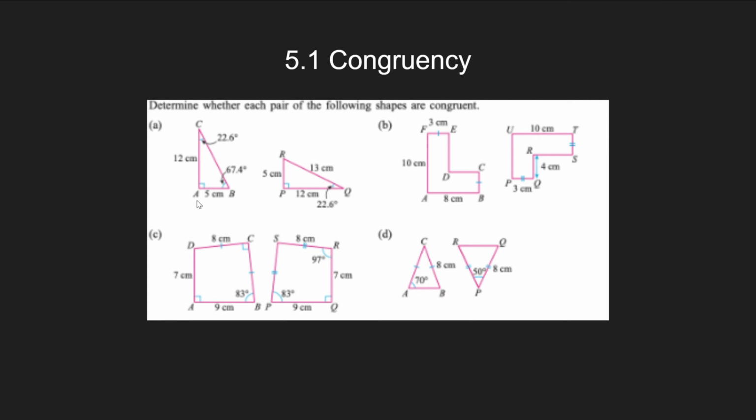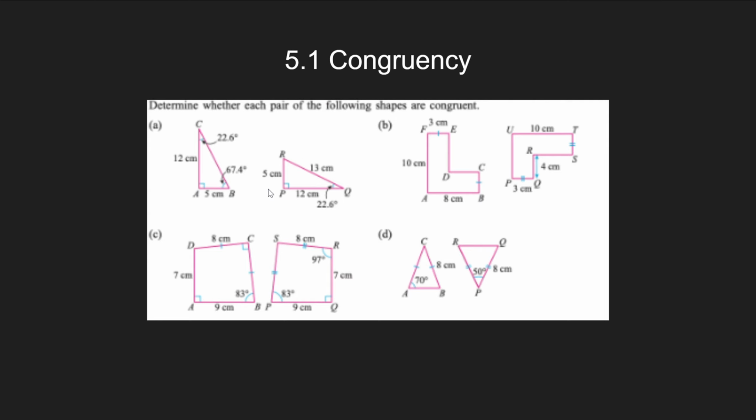You need to use the square root of 5 squared plus 12 squared. So the square root of 5 squared plus 12 squared is equal to 13 centimeters, which is the same length as RQ.